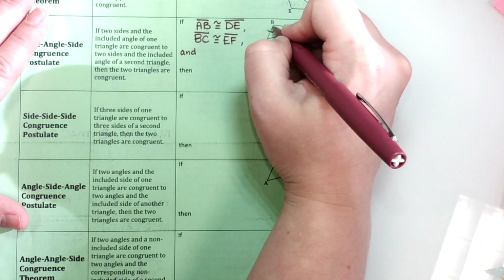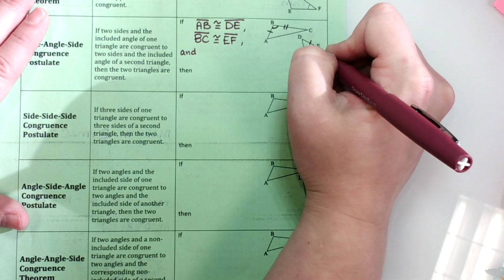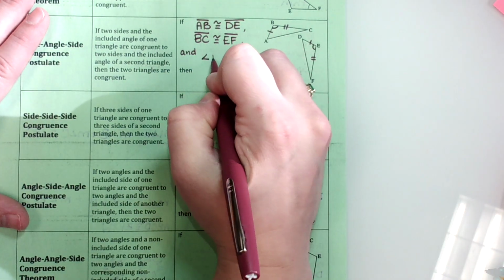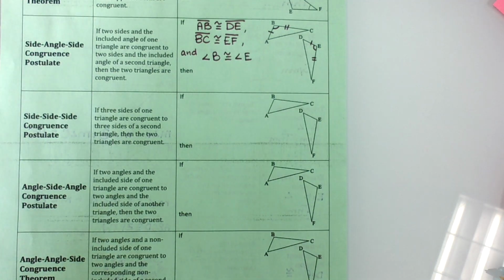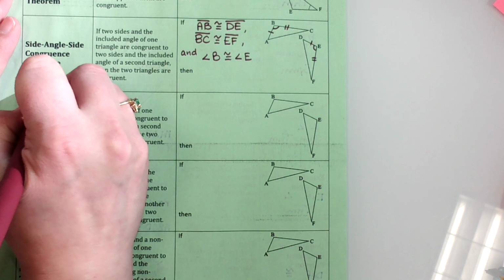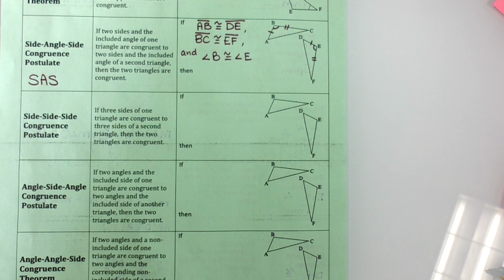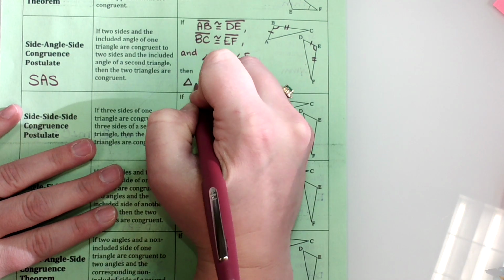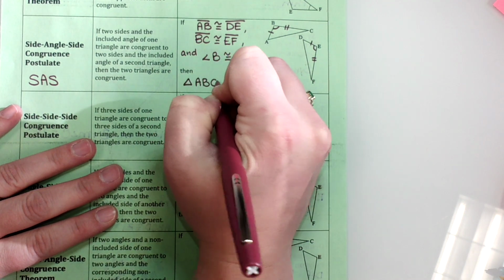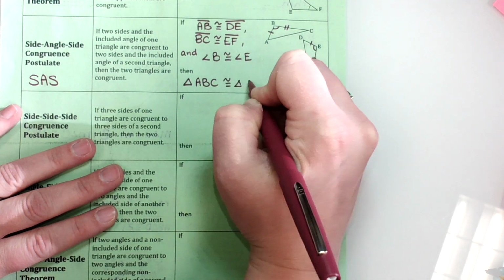And if we also had the angle between those two sides, which was angle B congruent to angle E. When we had two congruent sides and a congruent angle between them, key thing, it has to be between them, we had the situation for the side angle side postulate, which went in proofs as SAS, and we were allowed to say the triangles were congruent. In this case, it would be triangle ABC is congruent to triangle DEF.